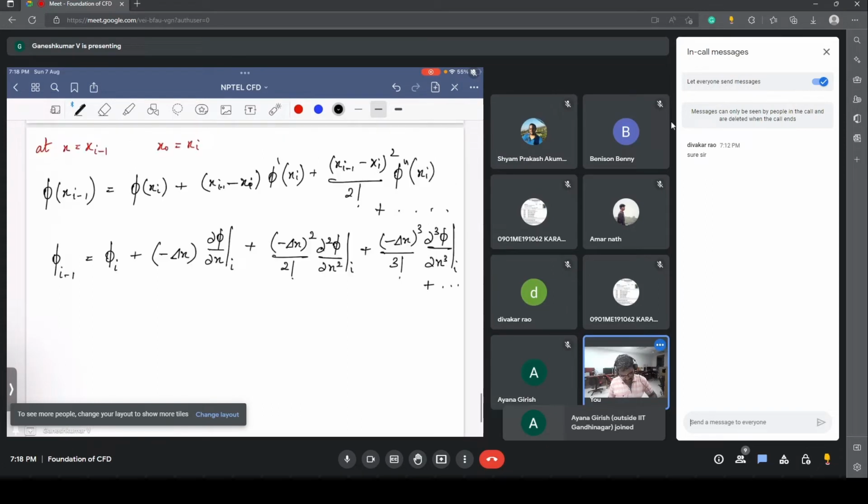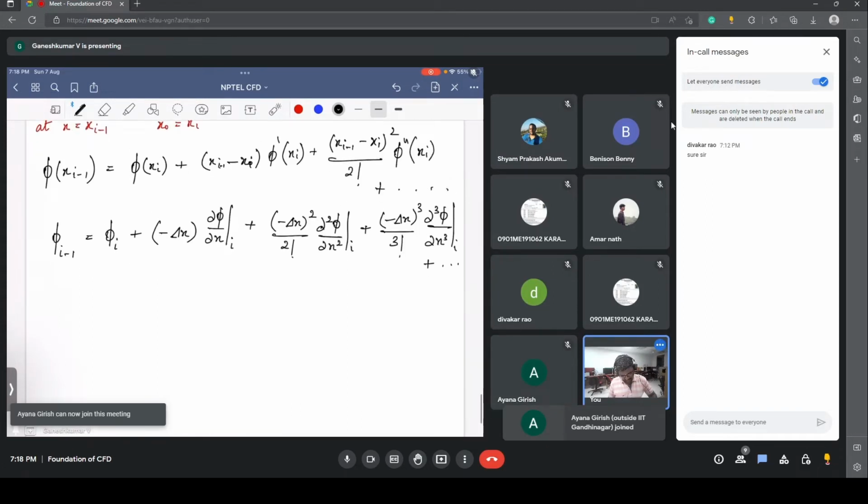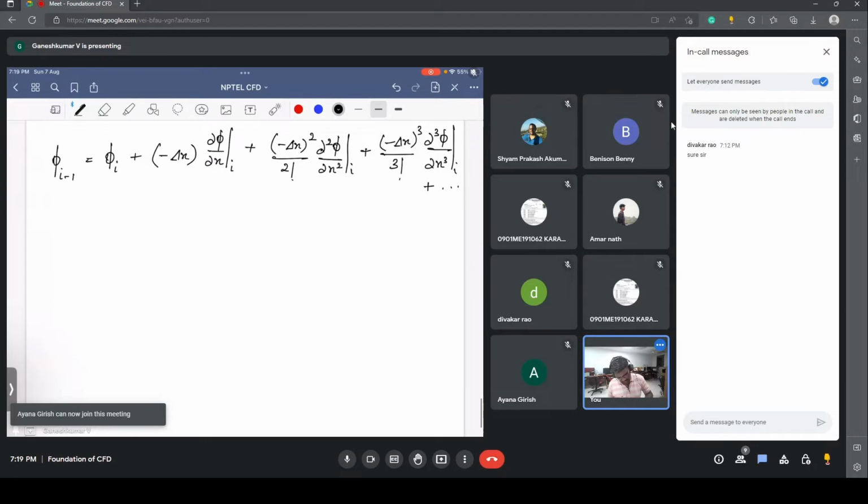So if we look at this, this is evaluated at xi minus 1. So let's make it more simplified.